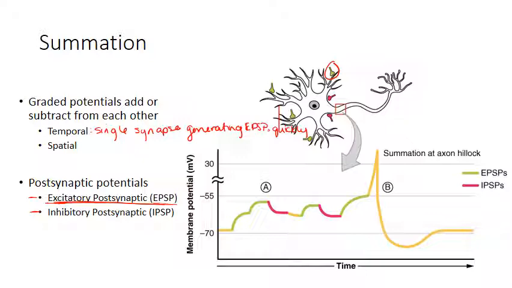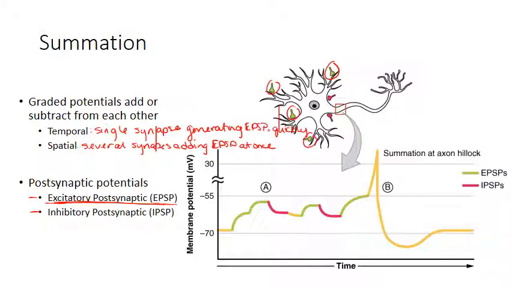Spatial, we said in the past, and I'll remind you now, that it is possible for one postsynaptic neuron to synapse with many presynaptic neurons, right? So in this case, we would have several synapses adding at once, right?